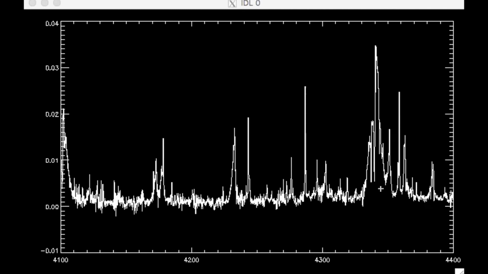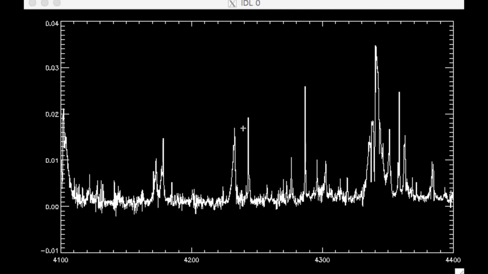Those plowed through the wind of its companion, and that's what we're seeing here, the relaxation from that. It's not that different than exploding a nuclear weapon in the Earth's atmosphere. You have a fireball, a shock, and then the heating and relaxation of the medium after the shock passes.